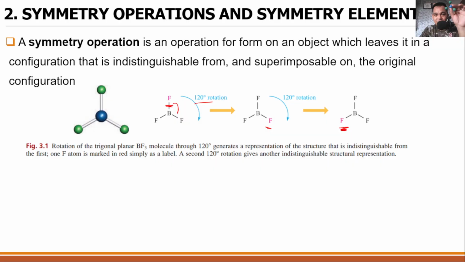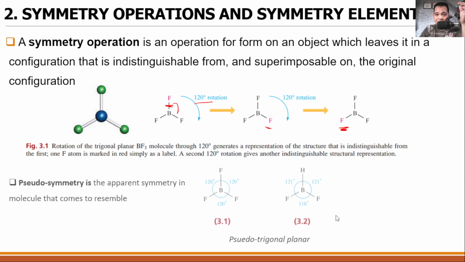When we rotate this by 120 degrees, is it distinguishable after rotation? No, right? Then we rotate it again, assuming the bond angle and bond length are identical, is it still the same after rotation? Yes. So this one has a symmetry operation that can occur that is indistinguishable from its original form.